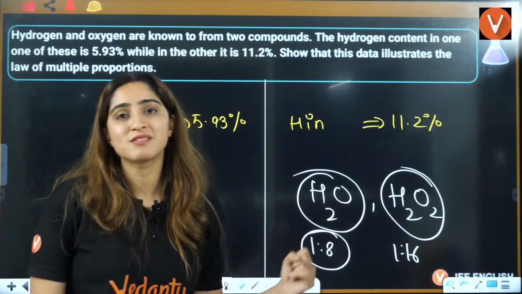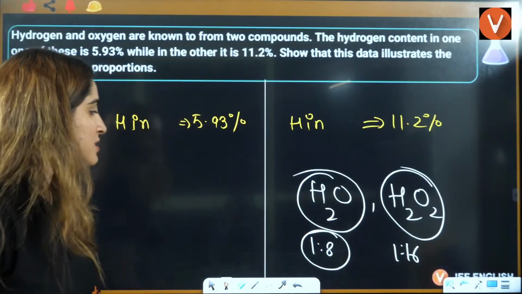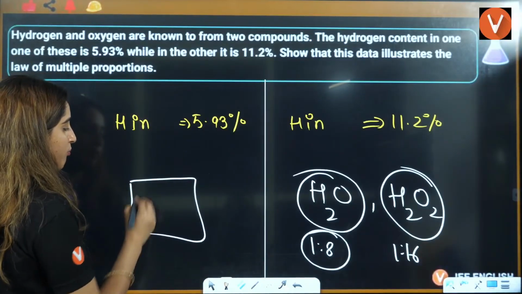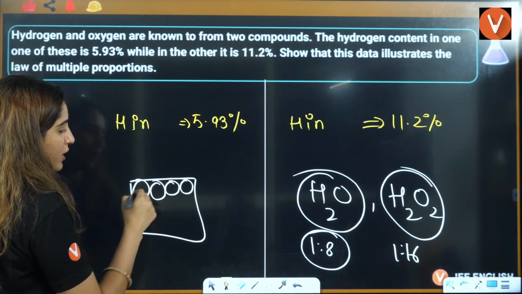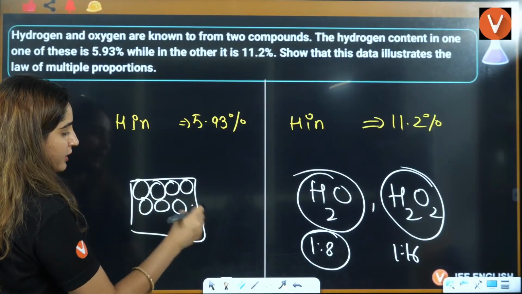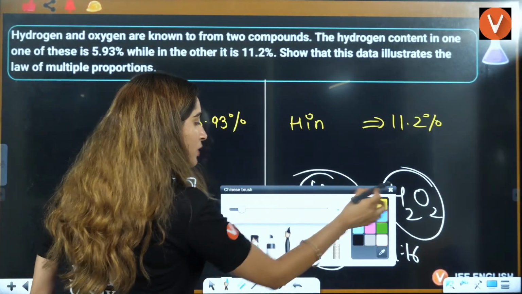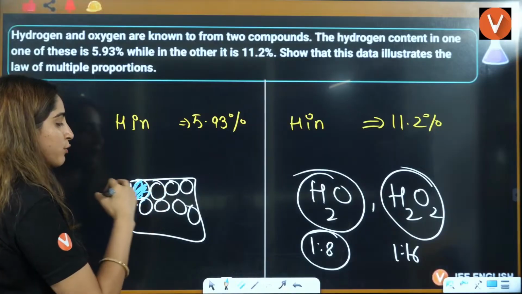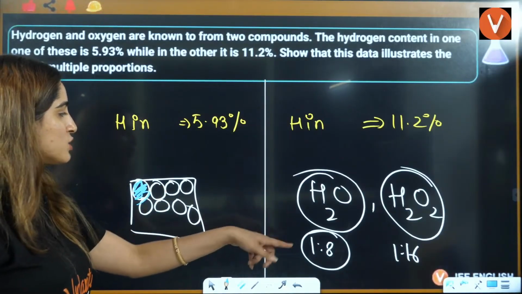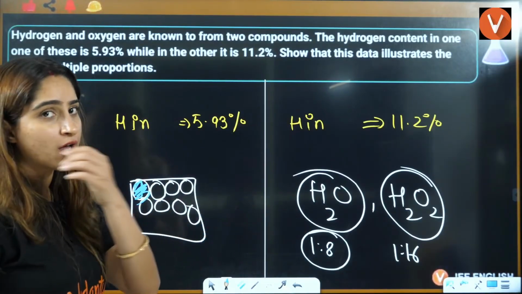So which one has less? It's like you have 8 balls here, 1, 2, 3, 4, 5, 6, 7, 8, and out of that, only 1 ball is of hydrogen, right? And in this case, you have 16, out of which only 1 ball is of hydrogen.